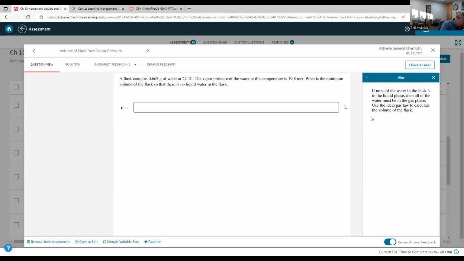So when we have gases, we have PV, n, R, and T. So do I know any of those pieces?